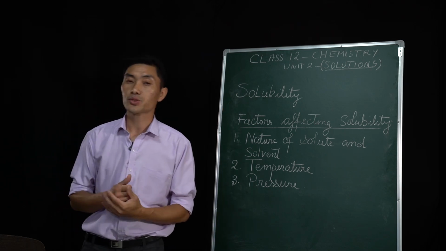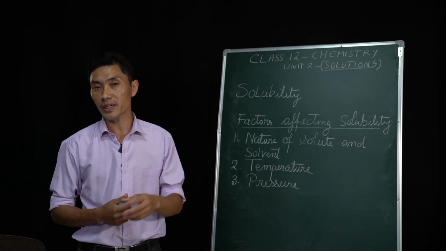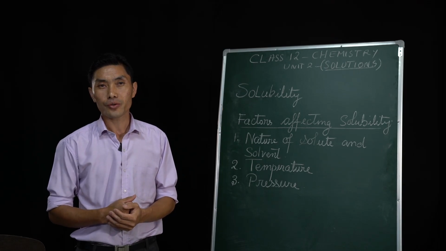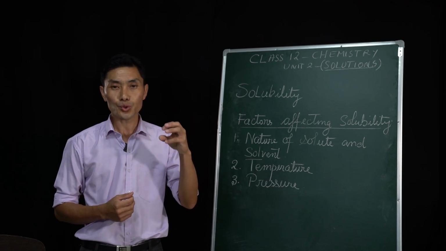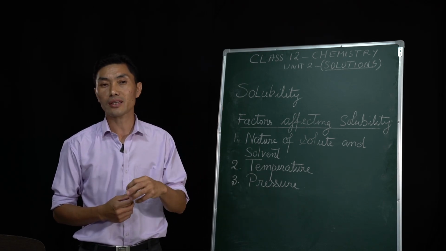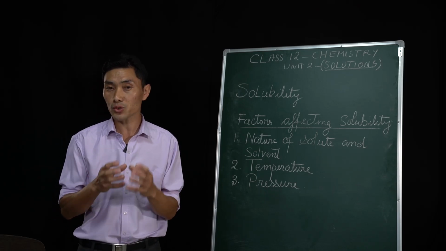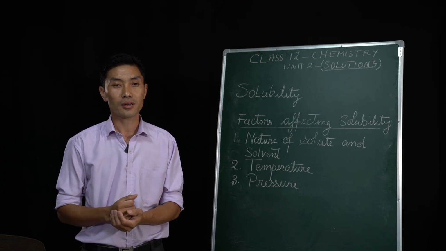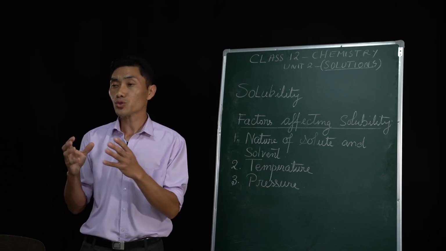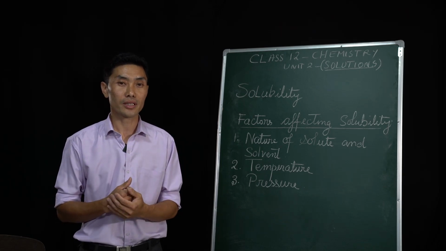If we have a solution in which a solid is dissolved in a liquid, you will find that a given solid cannot be dissolved in any kind of solvent. You will be able to dissolve that solid in only certain kinds of solvents. Likewise, a given solvent will be able to dissolve only certain kinds of solid in it.